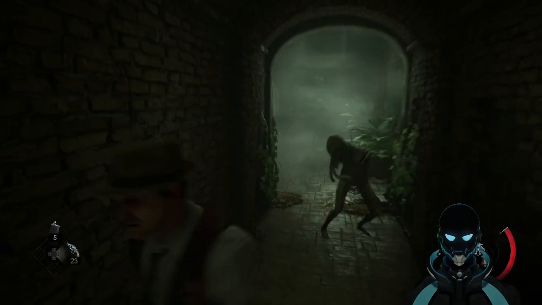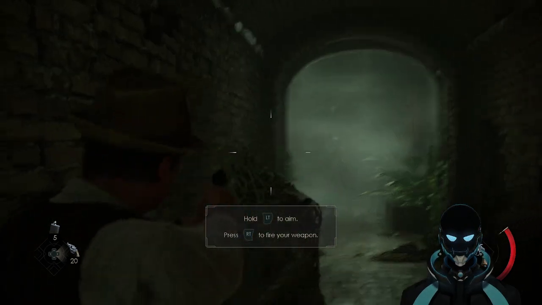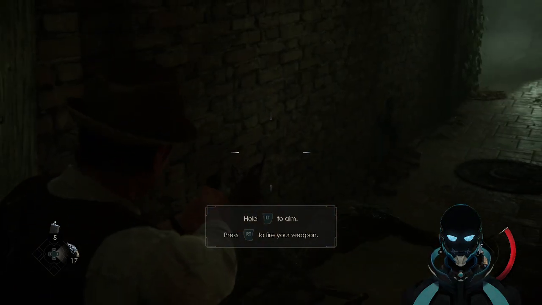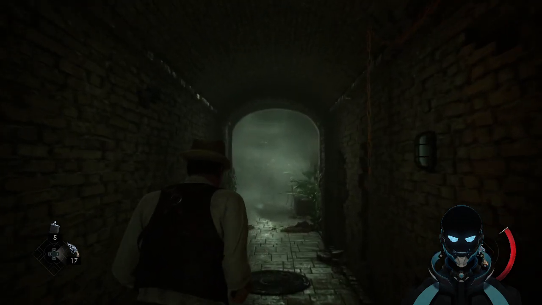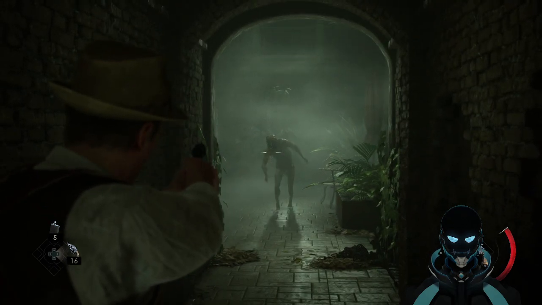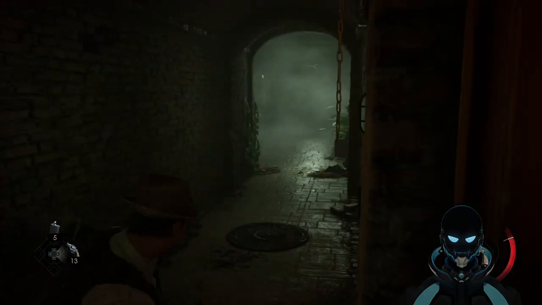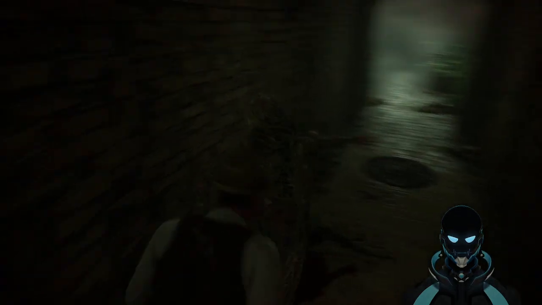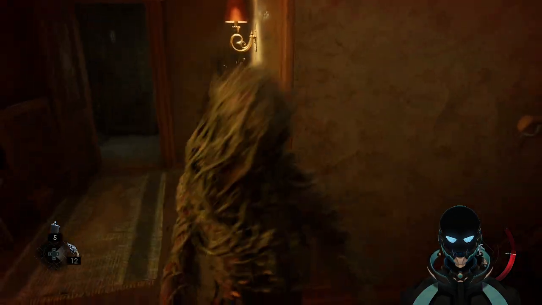Whoa! I don't have a melee attack. And we have inverse kinematics, which is a problem.